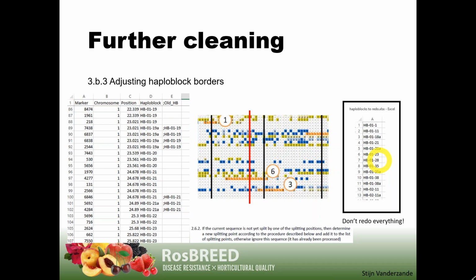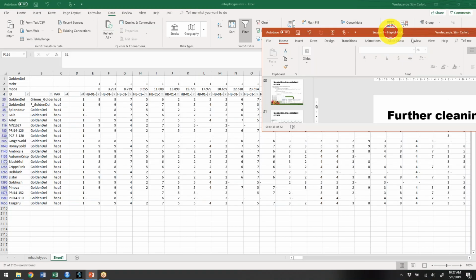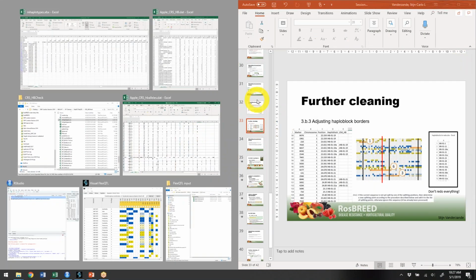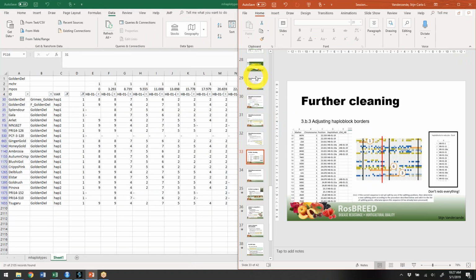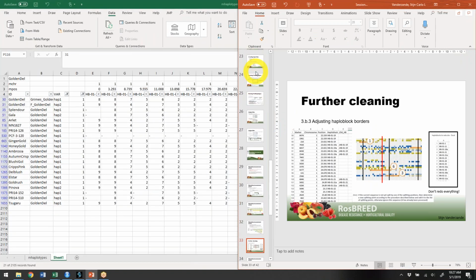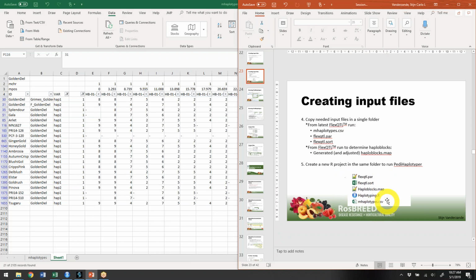Now, the other thing, and maybe I should go out of the presentation for this, is that I want to point out, if we go back to the input files that we used for PADI haplotyper, which are these, that as I said, if we just split up a haploblock, then it's only this file that changes, because it's only our definitions that change.